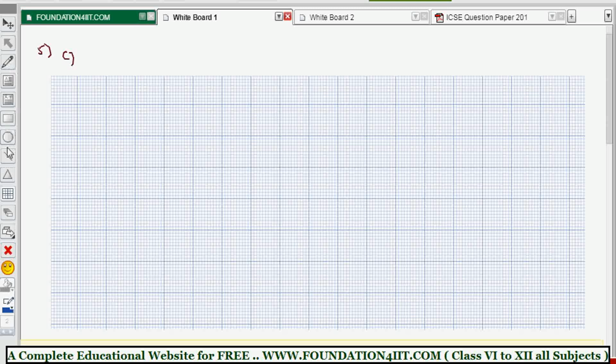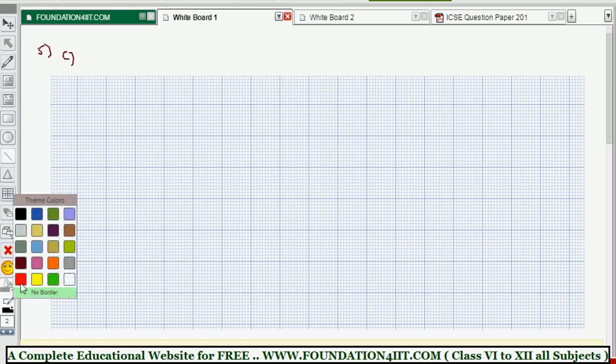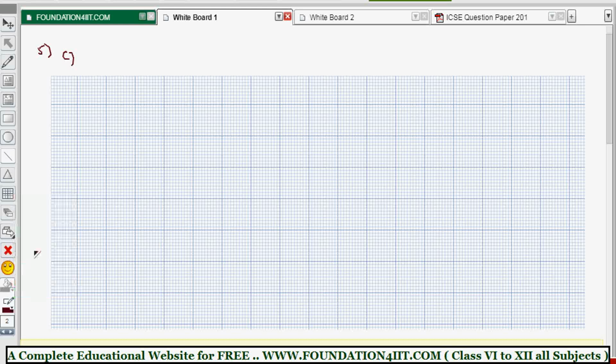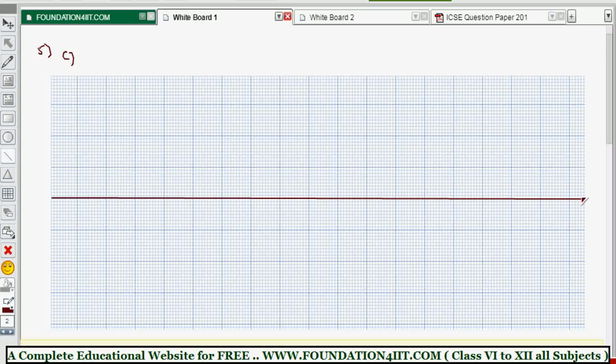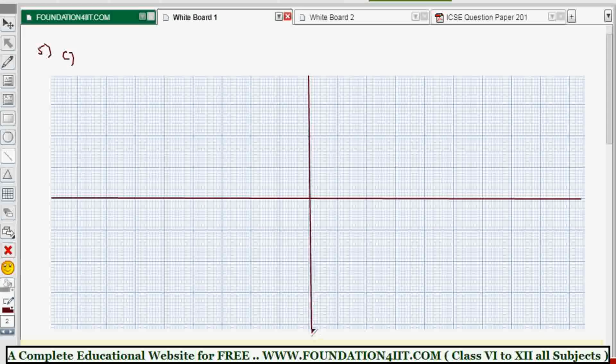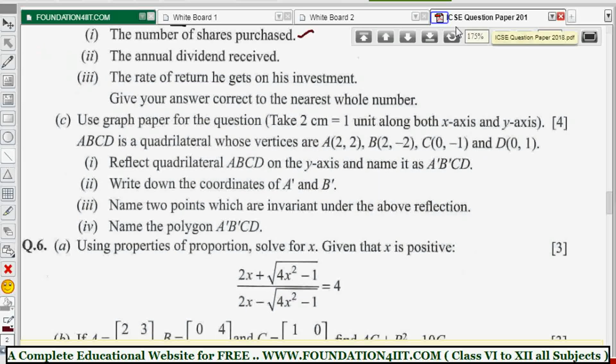So in this, x and y axis, observe the problem.